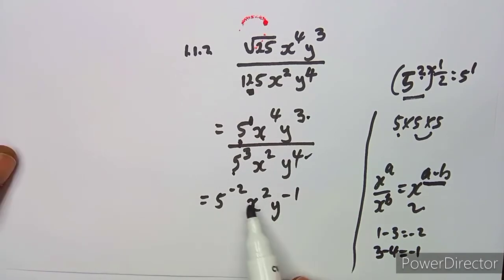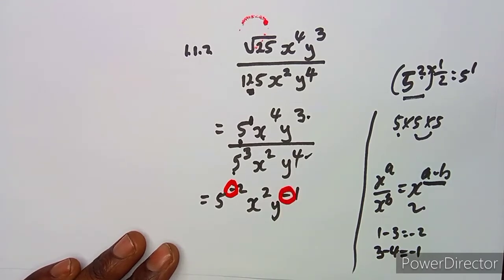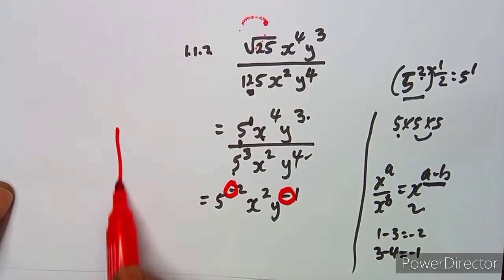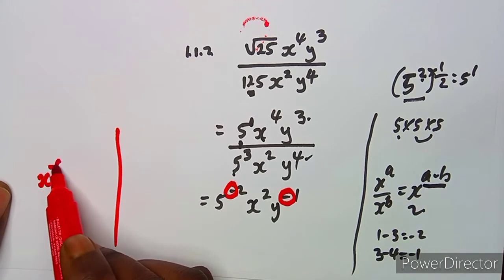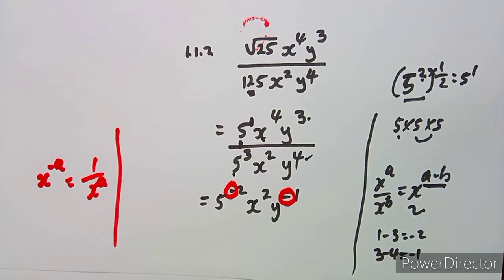We know from our laws of exponents, whenever there is a negative exponent like this, you write it in the denominator. X to the exponent of minus a is 1 over x to the exponent of a.